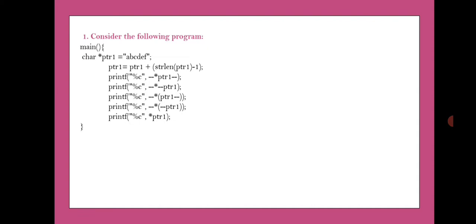Printf %c, pre-decrement pointer symbol, pre-decrement ptr1, and printf %c. With the brackets you can see this. What would be the output for this program?